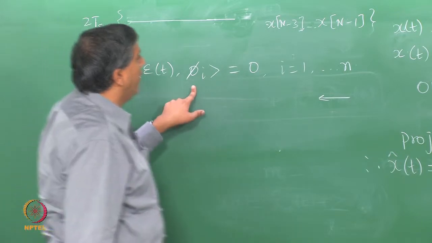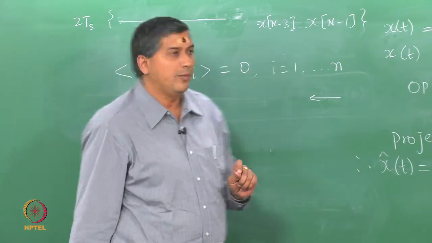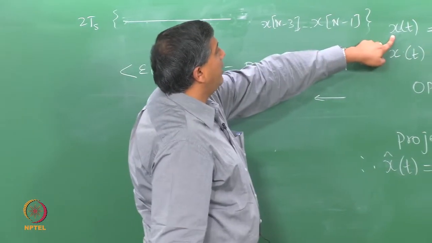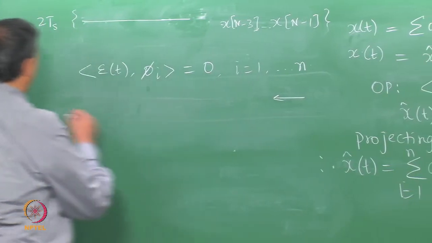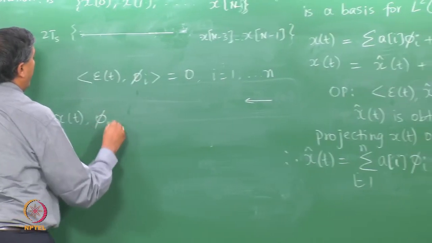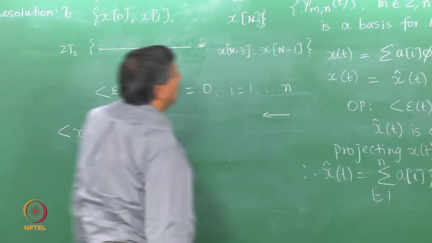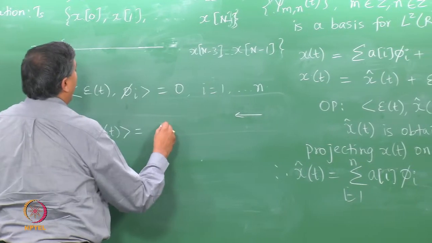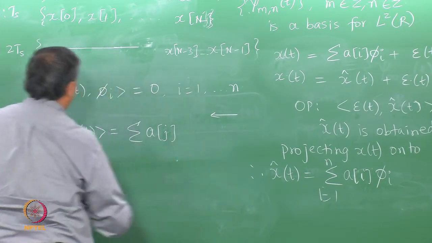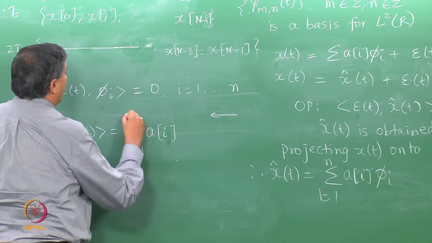And once I write these equations, I get those n equations that you see in equation 11. So, what I do is I take the inner product of x of t with phi i. On the right hand side I have, let me use a different dummy variable here so that you are not confused.